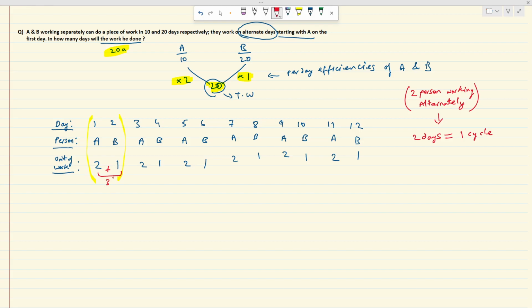Exactly this much work would be completed in the next 2 days. So that is another cycle. In the next 2 days, combined together, 3 units of work would be done. Again in the next 2 days, combined, 3 units of work would be done.